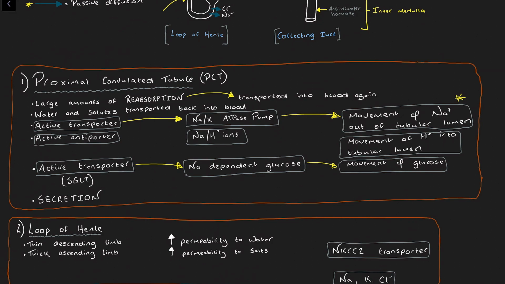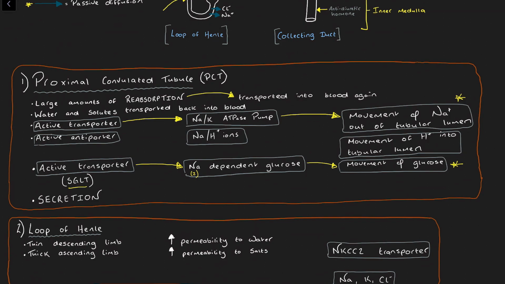This allows the glucose molecules to be transported across the membrane against the concentration gradient. For example, you've got SGLT transporters, which move glucose together with two sodium ions across the membrane. These glucose molecules are then able to cross the opposite membrane via facilitated diffusion.